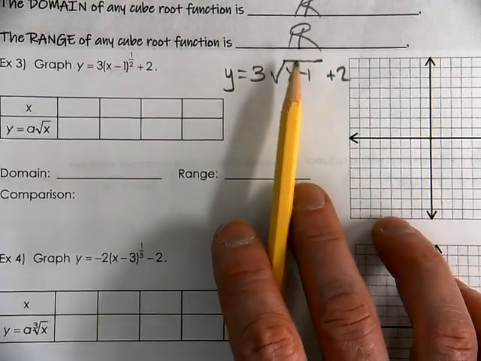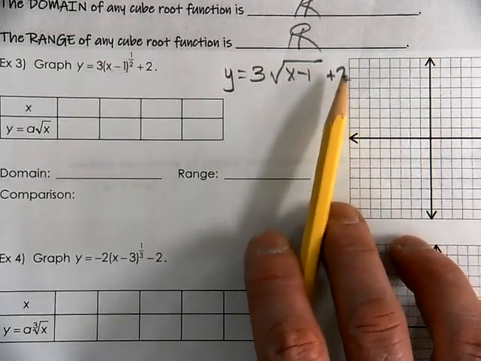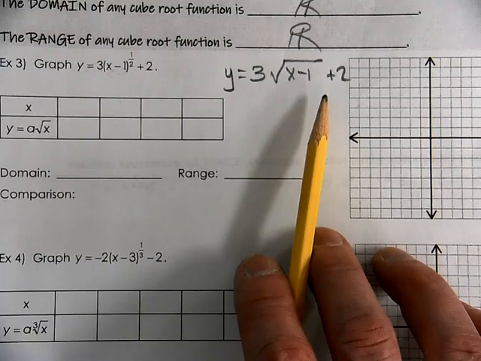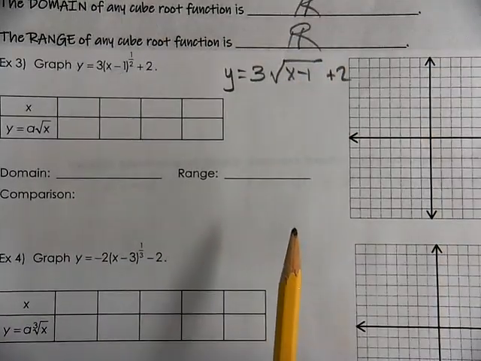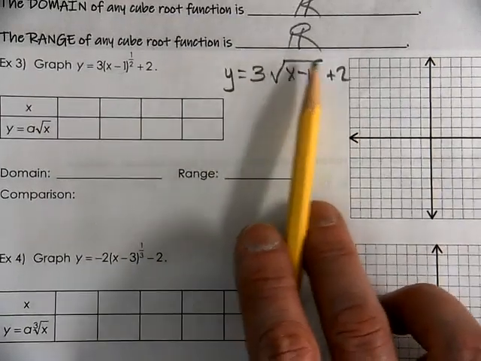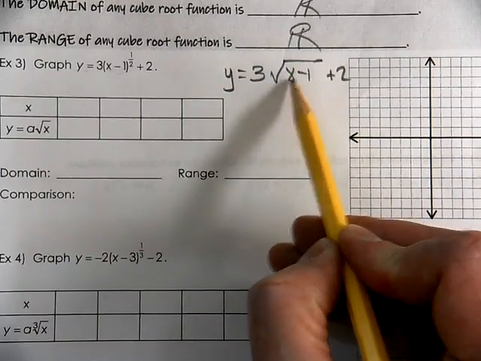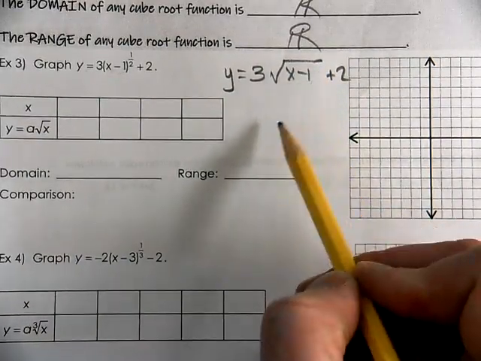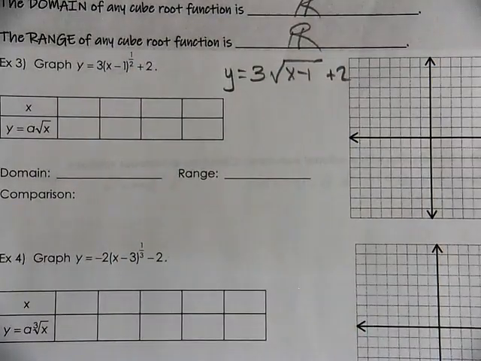You need to be sure that you're very clear that the negative 1 is inside the radical, that the positive 2 is outside the radical. Don't be sloppy on how you're drawing your radical sign. Don't stop it short. Don't take it too far. You can use parentheses around that x minus 1 if you like, or you can use a rational exponent.